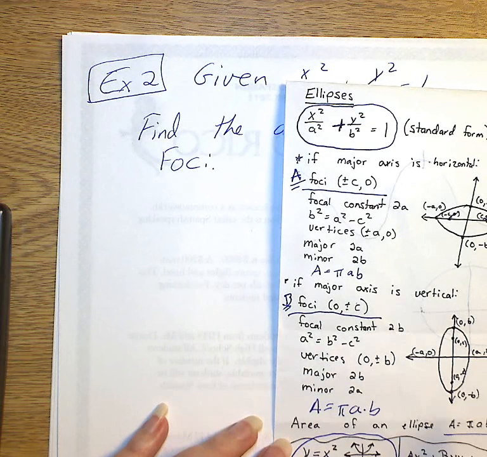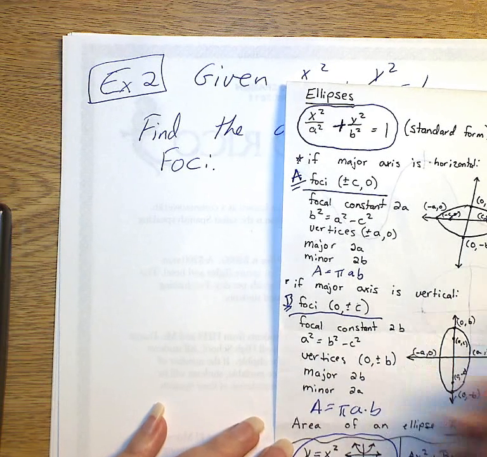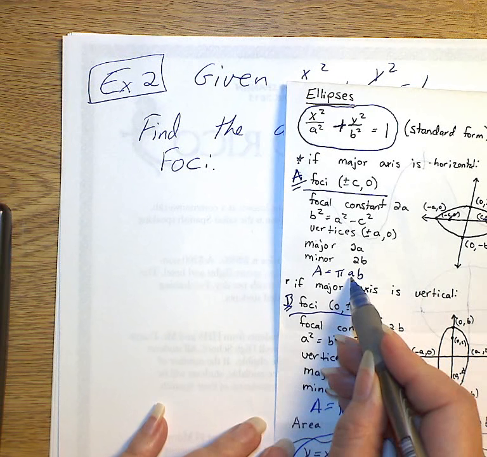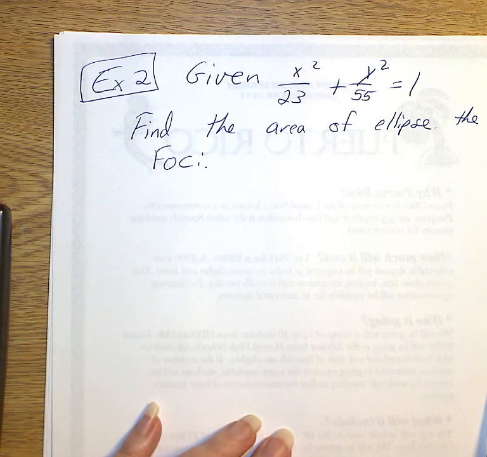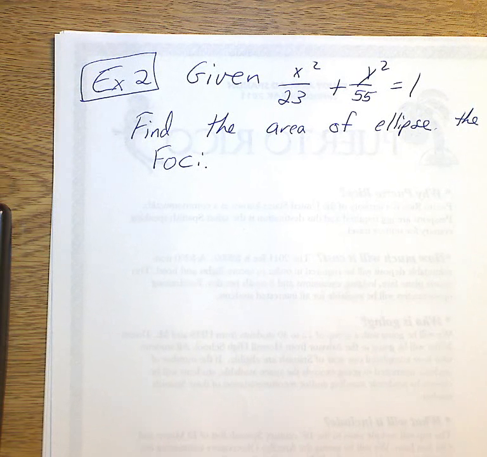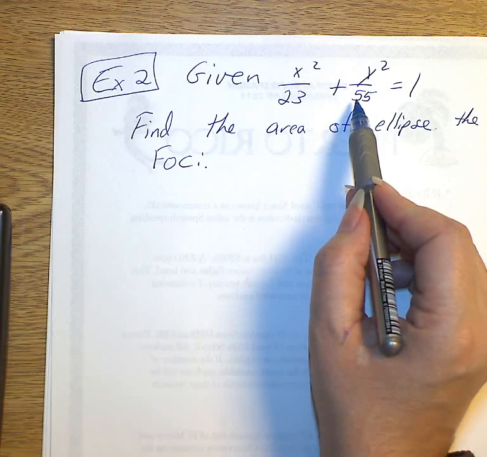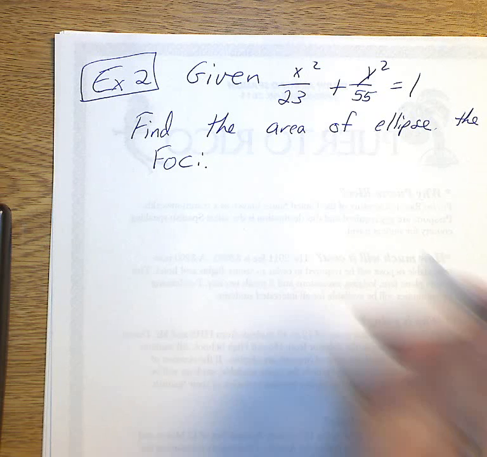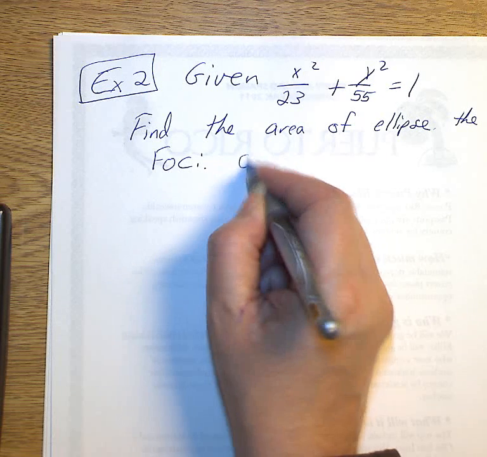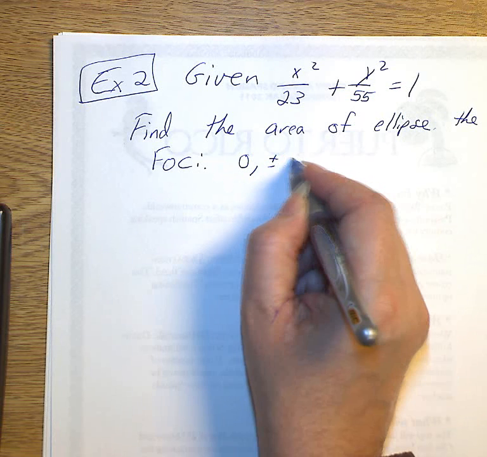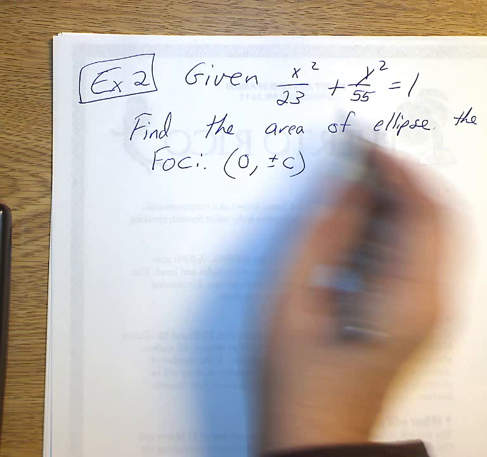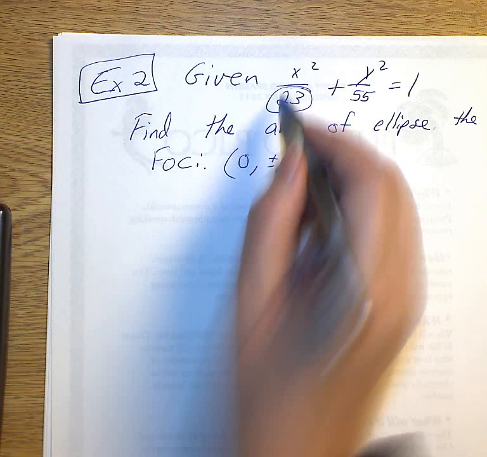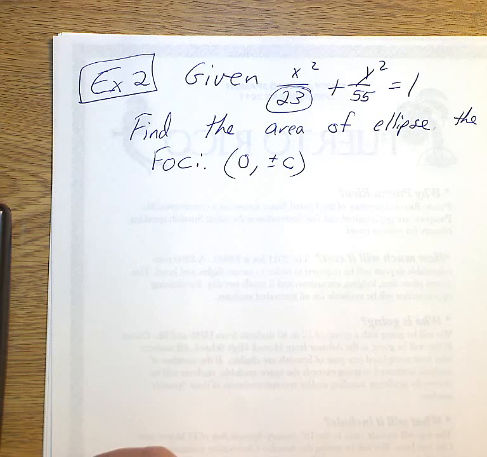So what we have to do is find out what a is and what b is. First of all, what is my major axis? Y. So that means my foci is going to be 0 plus or minus whatever c is, in my y position. What does 23 equal? a squared.